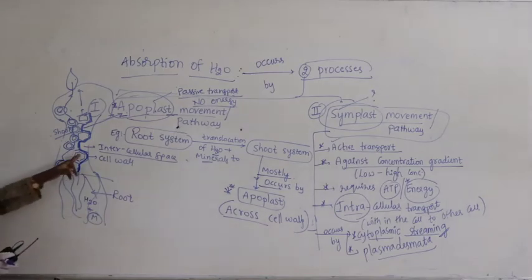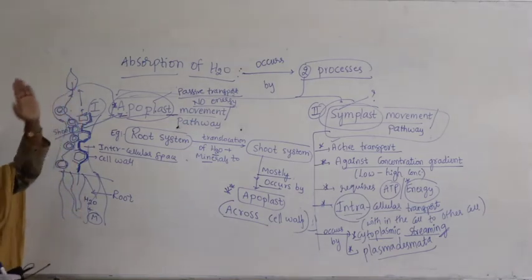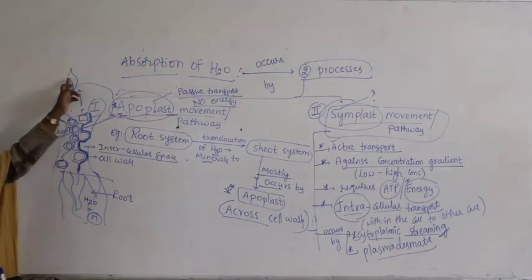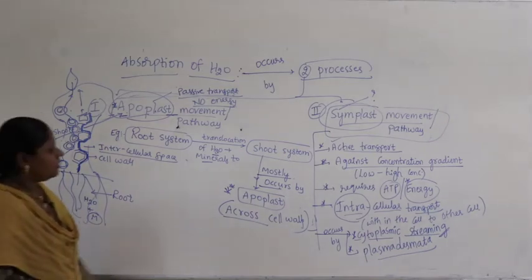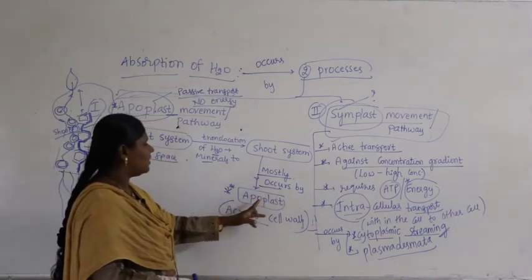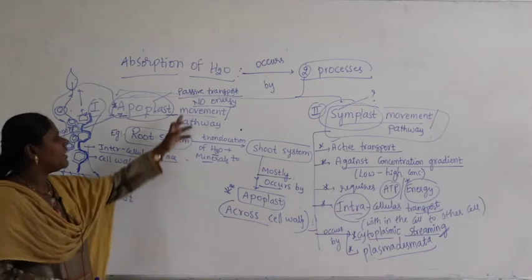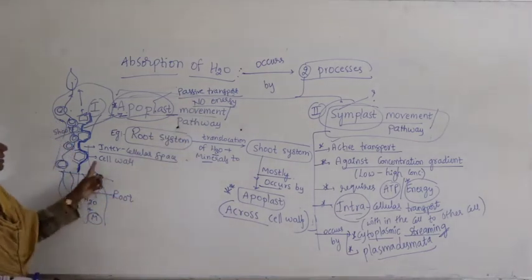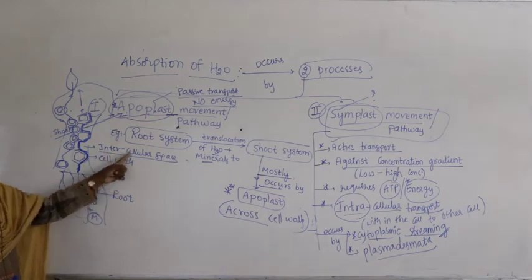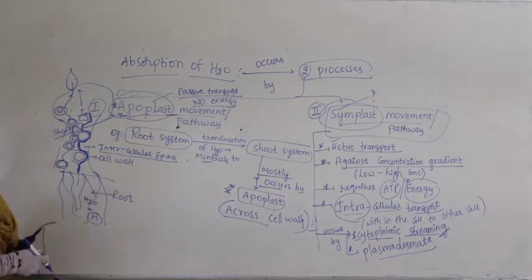Without entering into the cell, across the cell walls or intercellular spaces, the movement occurs at a very fast rate so that the tip of the leaf gets water quickly. That's why mostly it is apoplast, because it does not need energy. It is passive transport and occurs across the cell walls and intercellular spaces.